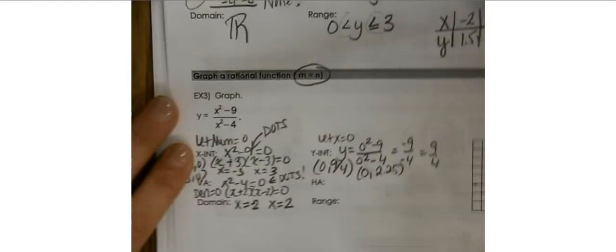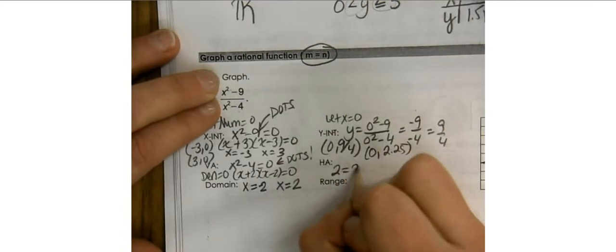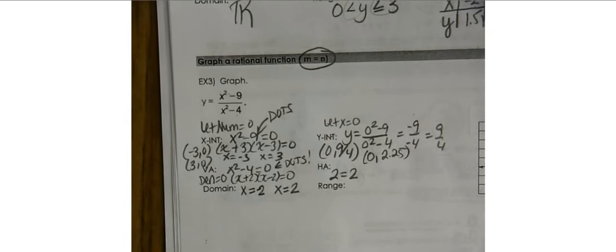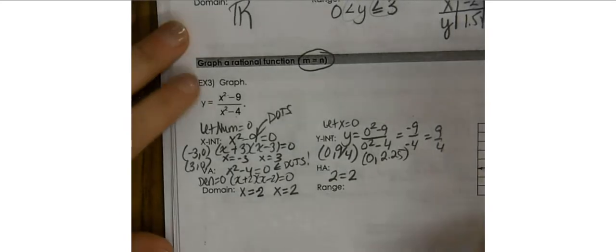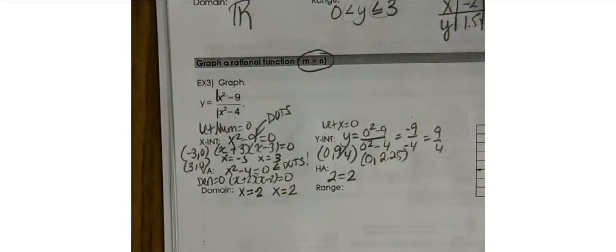My horizontal asymptote is based on the degree of the numerator and the denominator. And in both cases, the degree of the numerator is equal to the degree of the denominator. 2 equals 2. So that means that our horizontal asymptote will not be 0. This time around, it's based on the leading coefficient of the numerator and the leading coefficient of the denominator.